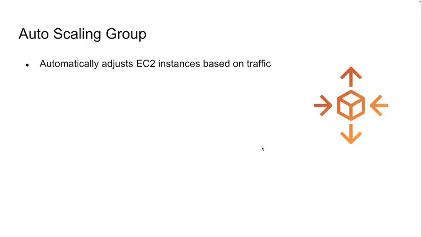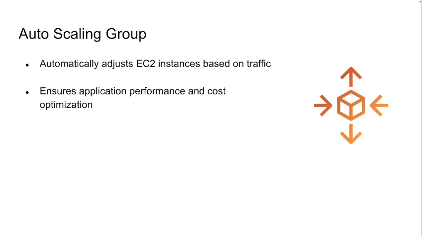So it automatically adjusts EC2 instances based on traffic. It ensures application performance and cost optimization. If at a certain period you are not having high usage in terms of traffic or workload, it should just reduce to the minimum EC2 instances that have been defined in the autoscaling group.